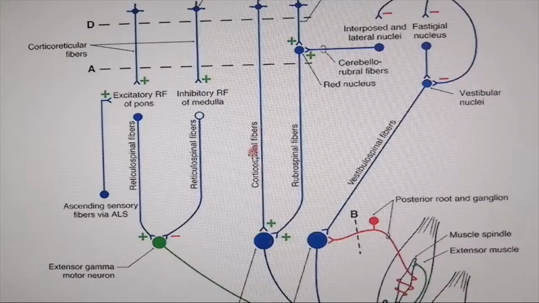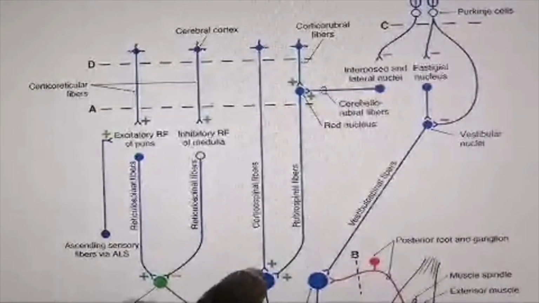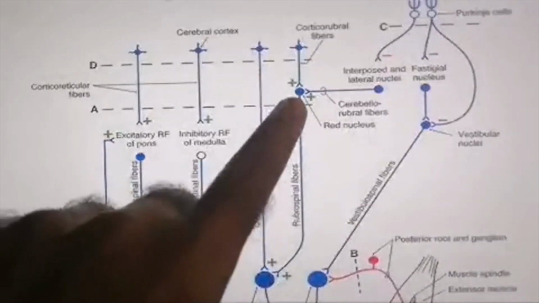So the corticospinal tracts go either on the interneurons of the spinal cord or directly on the alpha motor neuron of the ventral horn, which are innervating skeletal muscles directly.